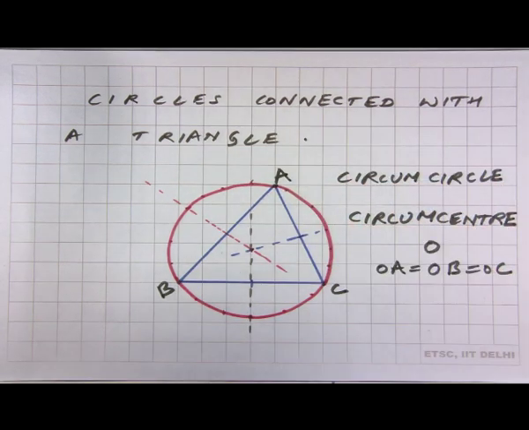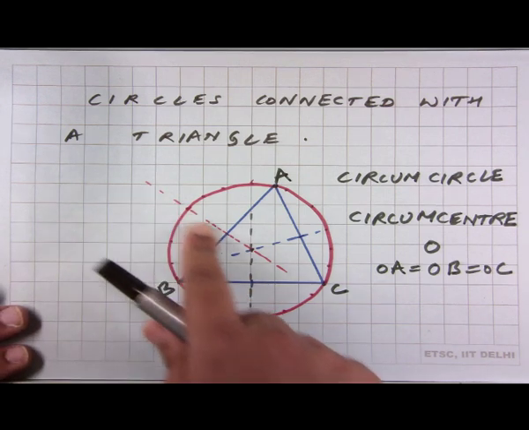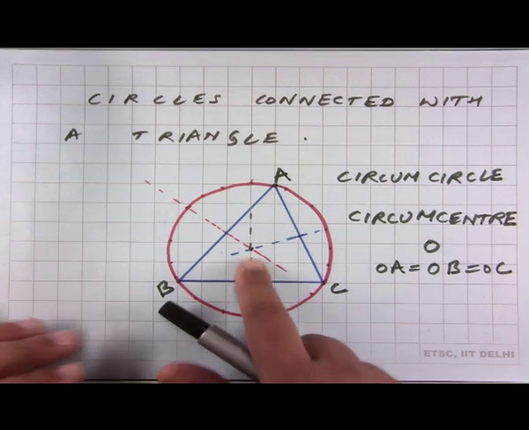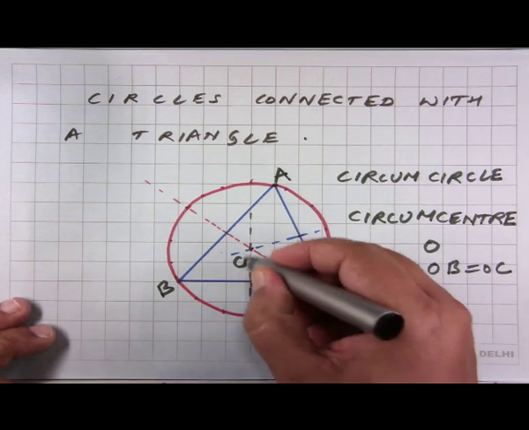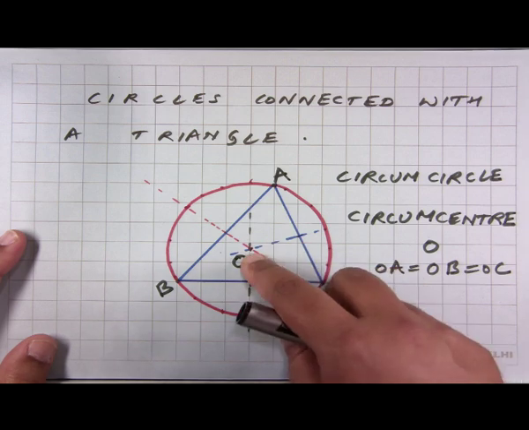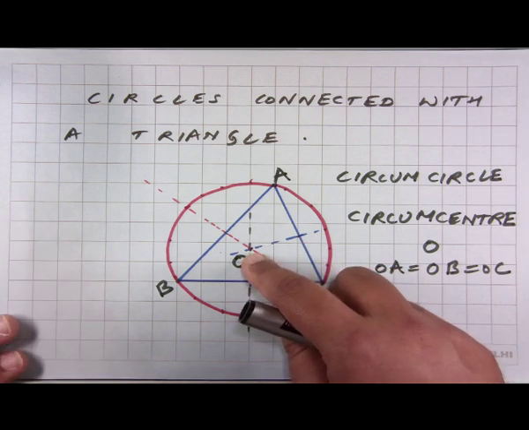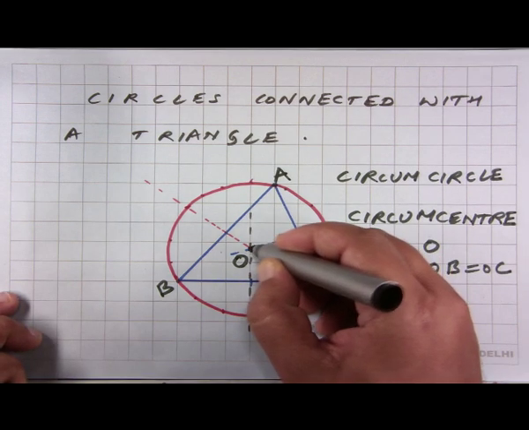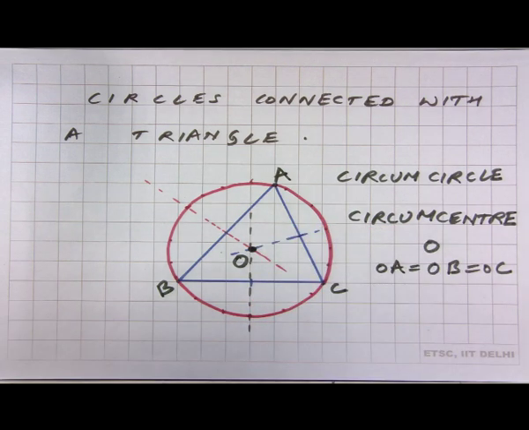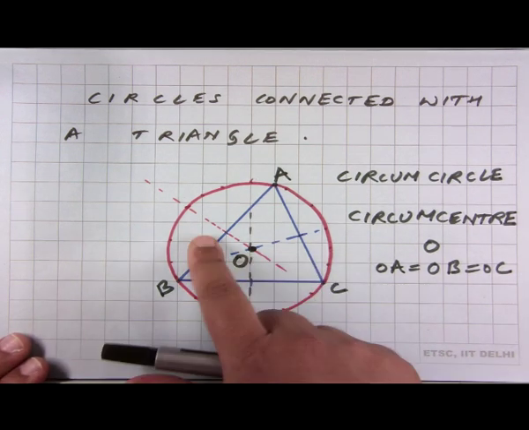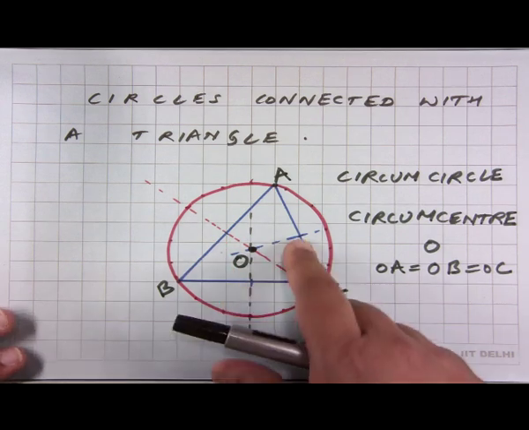Now, obviously, the first two perpendicular bisectors in red and black will definitely intersect at some point, which is here, and the third perpendicular bisector in blue has to also pass through it. So, this point here is the intersection of all the three perpendicular bisectors in red, black and blue.